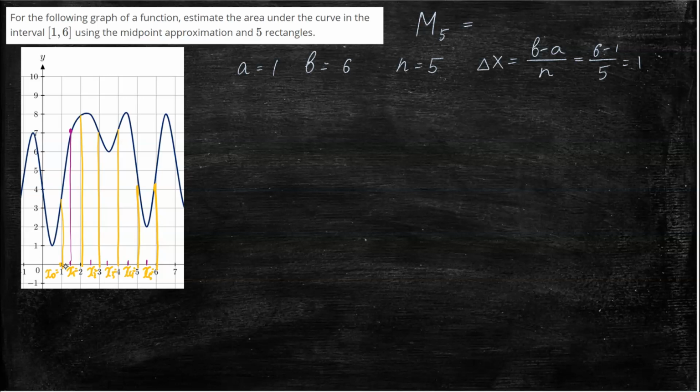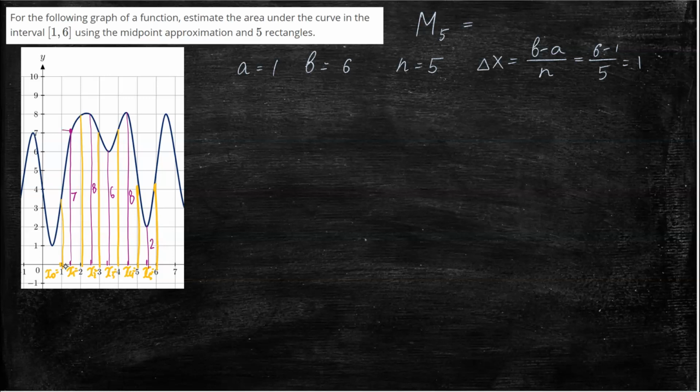So here we can see that the height of this bar is 7, the height of this bar is 8, the height of this bar is 6, the height of this bar is again 8, the height of this bar is 2.